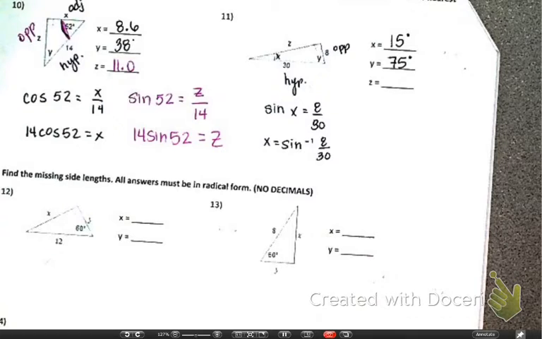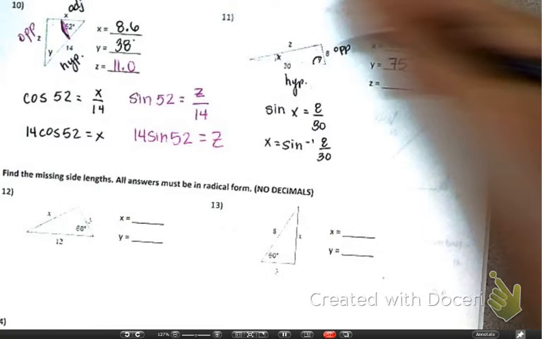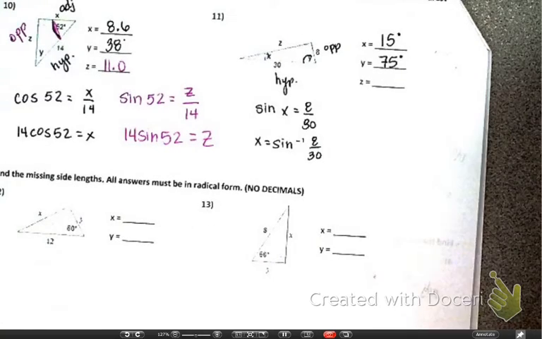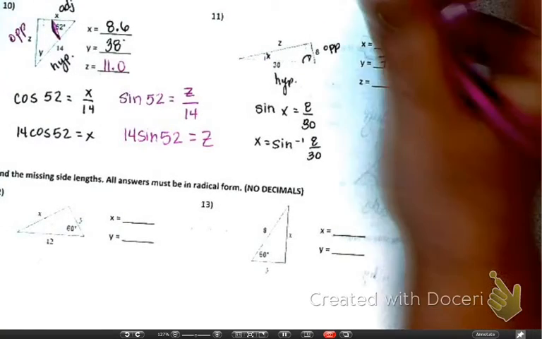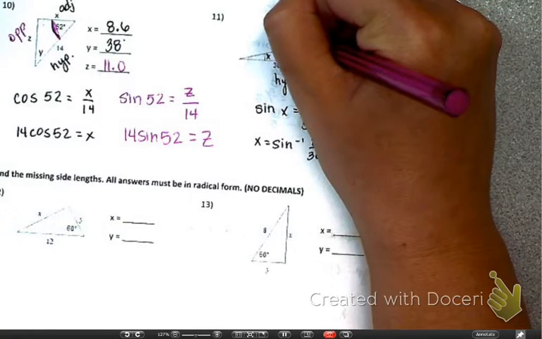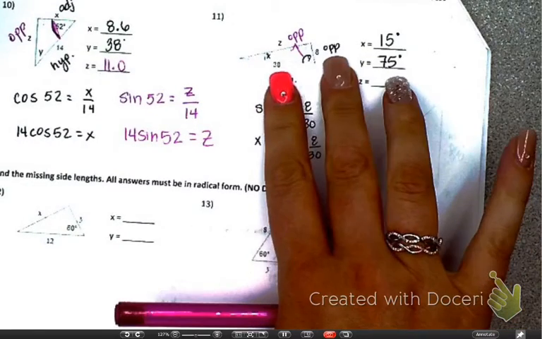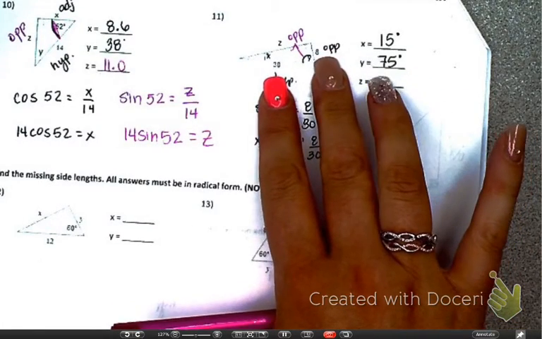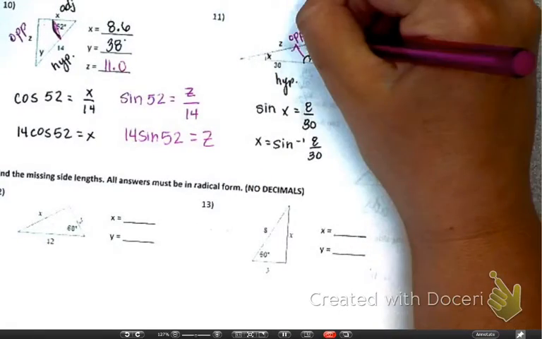How can we solve for z? Use y, okay. Or you can use the Pythagorean theorem, either one. So if I use y and I need z, that happens to be the opposite side. And which side would you like to use, the 8 or the 30? 8. The 8, okay, so that's the adjacent.